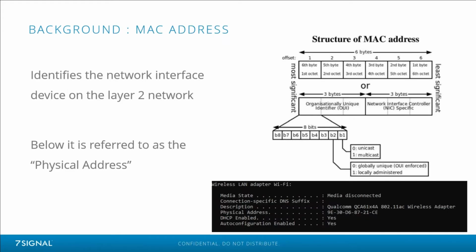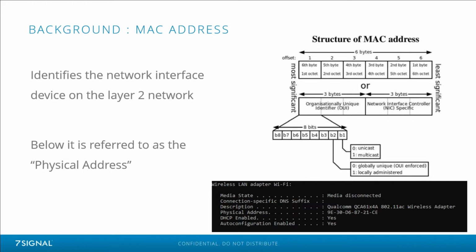So some MAC address background information. One of the trivia questions was, what is the MAC address actually made up of? You can see that the first 3 bytes are made up of the OUI. That's like whose device it actually came from, so the manufacturer of the network interface card is typically what would be there.